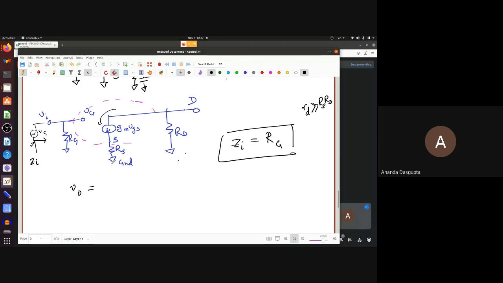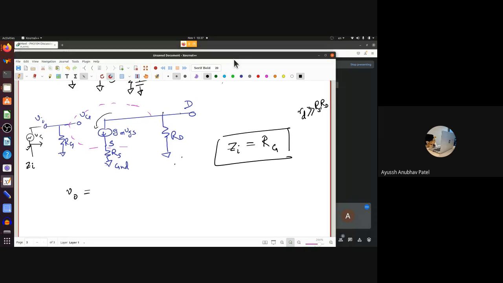Can you find that out? Yes? Come on. When you take a path through this connection, how do you find the voltage drop across it?